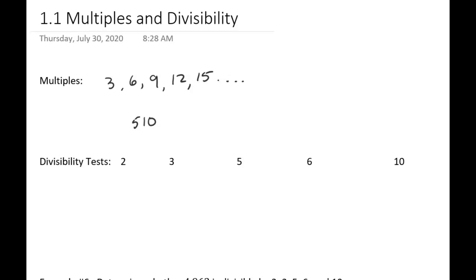All right, so there are tests for some of the numbers that we have. For a number to be divisible by 2, it has to be even. So if it's an even number, it's divisible by 2. Now, what's the definition of an even number? It means it ends in an even digit. And 0 is considered even, so it ends in either 0, 2, 4, 6, or 8.